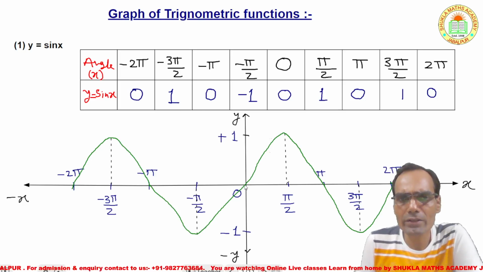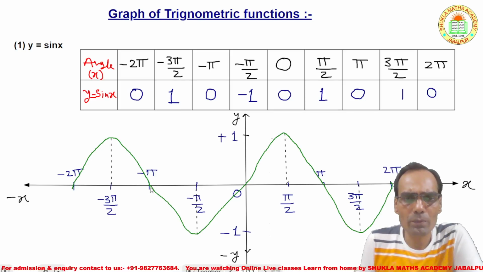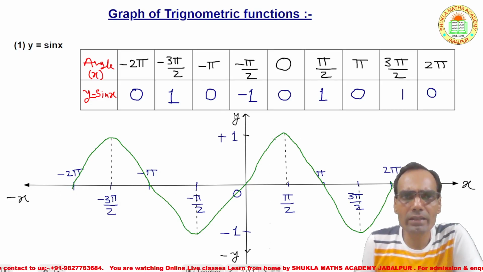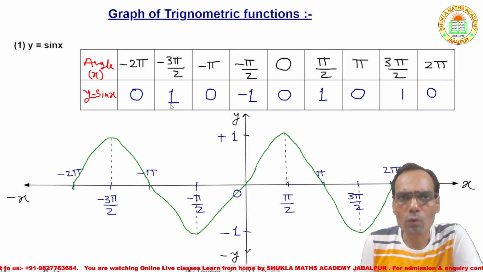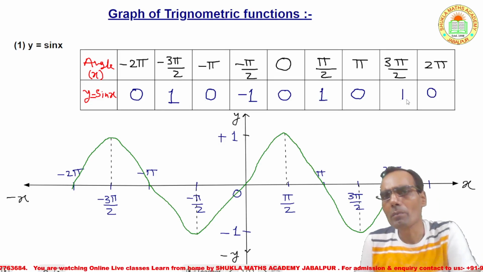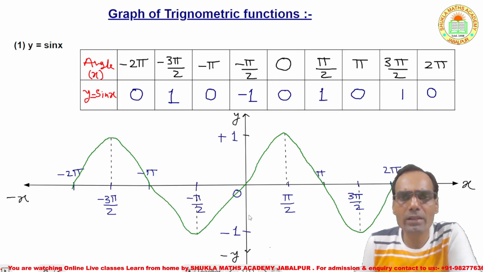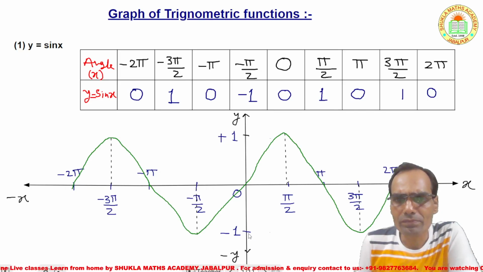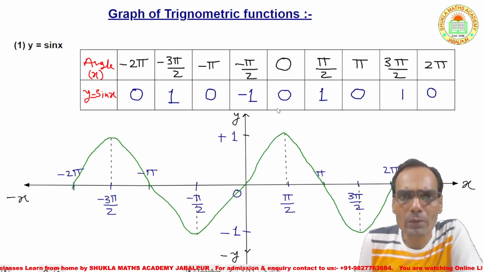Similarly, on the negative side, 0 to minus pi by 2, minus pi, minus 3 pi by 2, and minus 2 pi, right? And so on. On the y-axis, now see that the value of sine x goes to a maximum of plus 1, right? And the minimum is minus 1. So we are taking the value of plus 1 as maximum, and on the negative side of the y-axis it is minus 1. So after that, we will draw the graph.